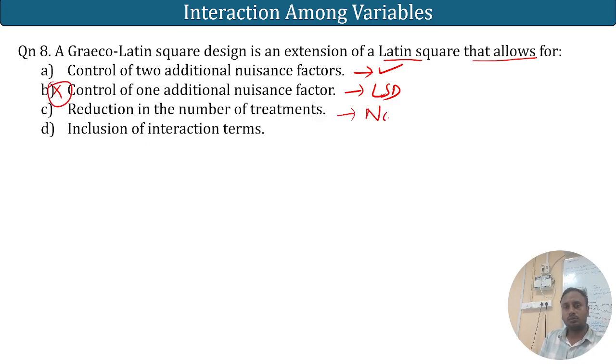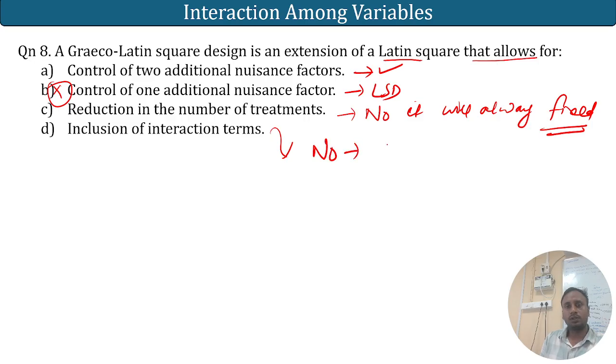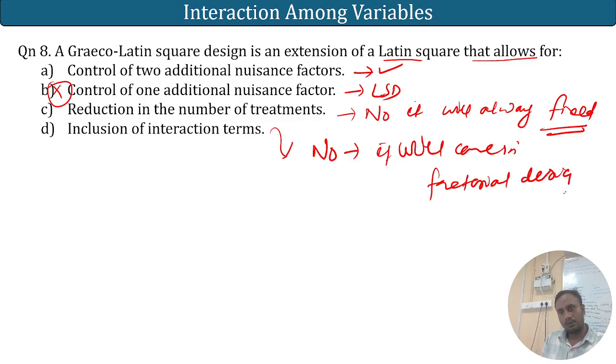No, always fixed. Inclusion of interaction term? No. That will come in factorial design or two-way ANOVA. That we will discuss in coming sessions.